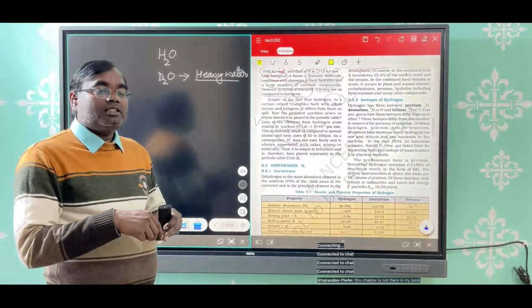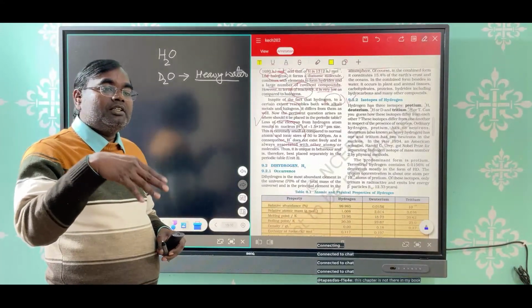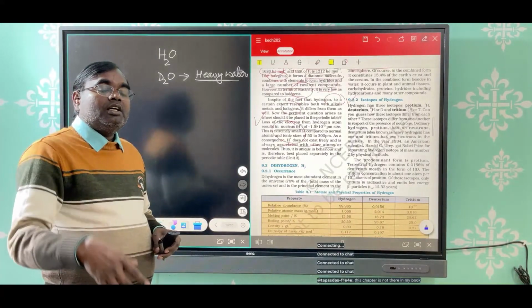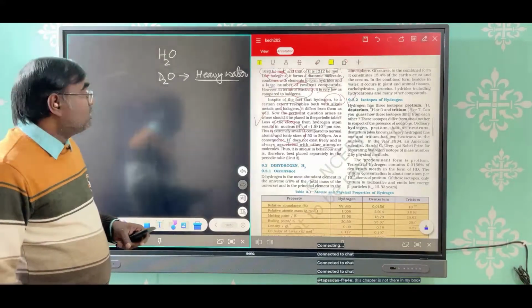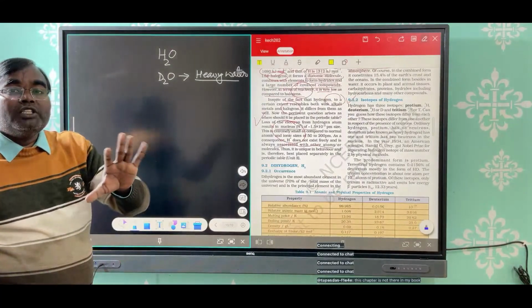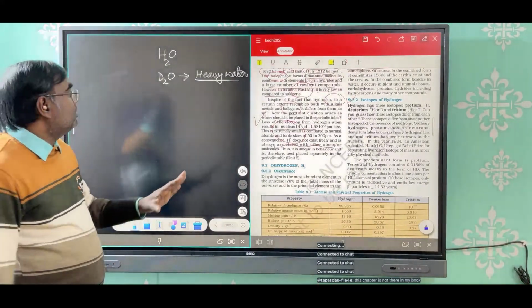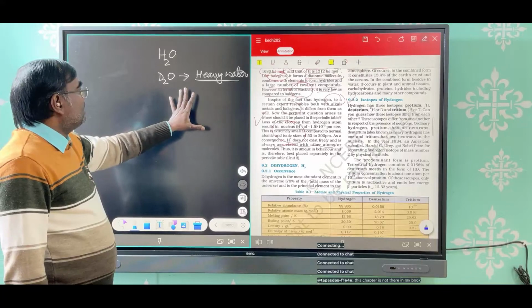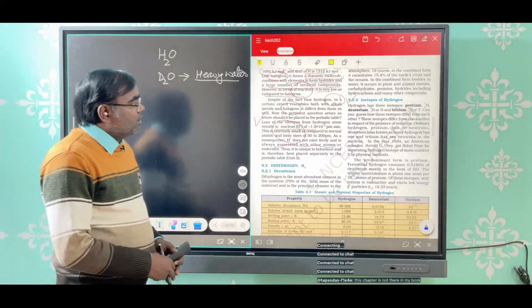Because in the nuclear reactor, neutrons are bombarding and knocking out other nucleons. So we use heavy water to reduce the speed of the neutrons. So there, heavy water is utilized, right?